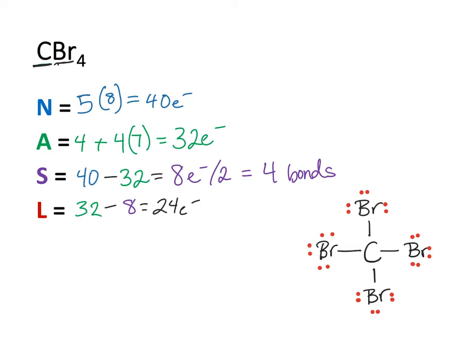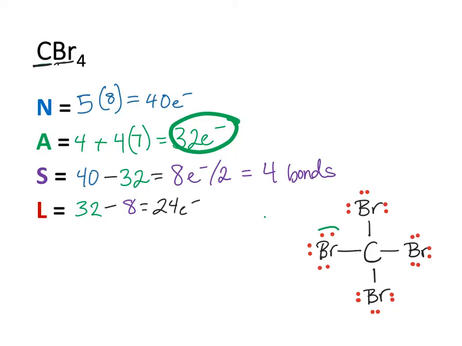Let's go ahead and double check our math. Our total electrons in our Lewis dot structure should be equal to the number of available electrons that we calculated at the beginning. So I'm going to take a moment to go through and check to ensure that each one of my atoms has 8 valence electrons and that I have a total of 32 electrons represented in my picture.